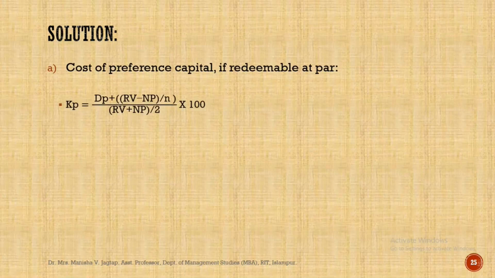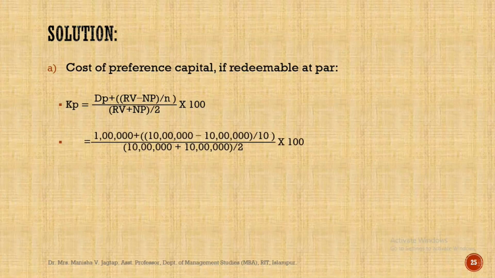So this is the formula which we have seen in the earlier lecture. Now DP is the dividend, RV is redemption value, NP is net proceed, N is period. So we'll put figures into this formula.